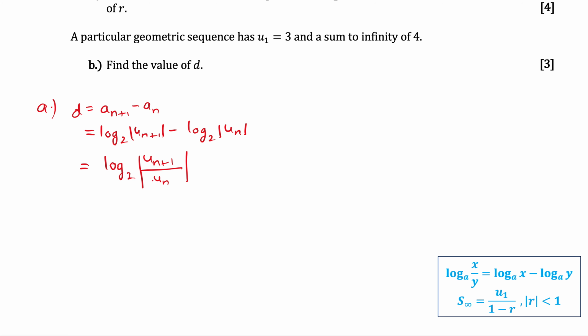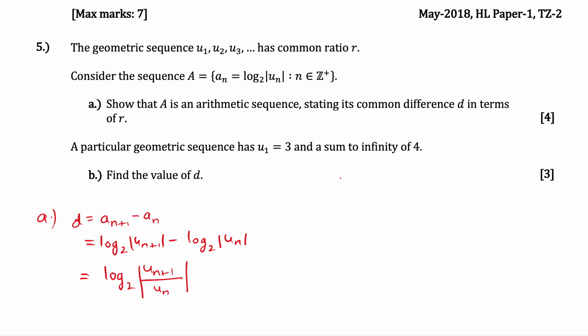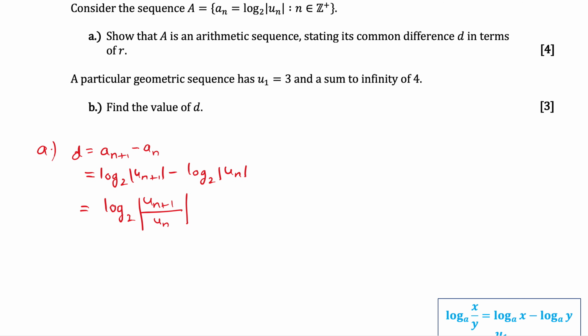Now we know that u_n is a geometric sequence that has a common ratio r, and if you plug in any positive integer for n, these will give you two consecutive terms of this geometric sequence. So since we are dividing two consecutive terms of this geometric sequence, this will result in the common ratio r. So I can replace the u_(n+1) upon u_n with log base 2 of r.